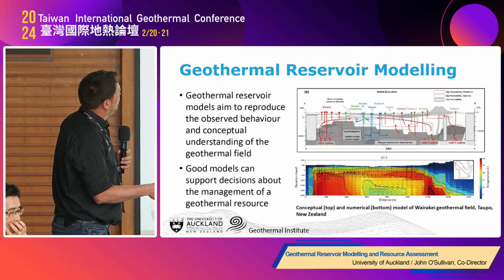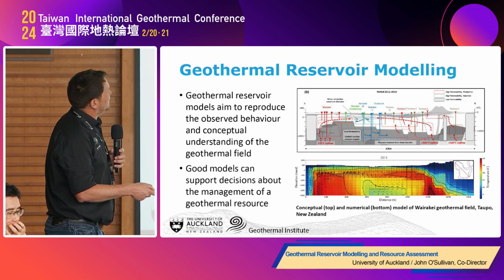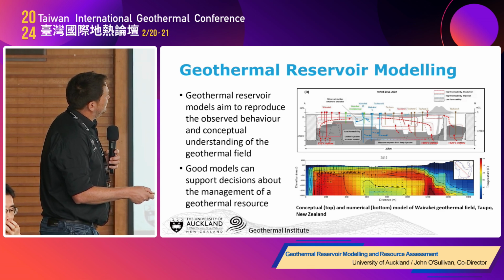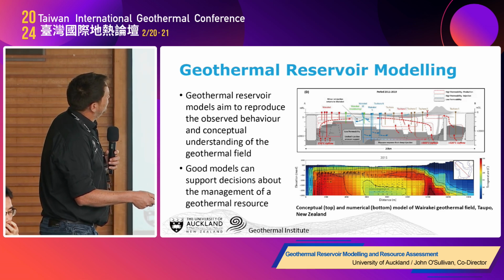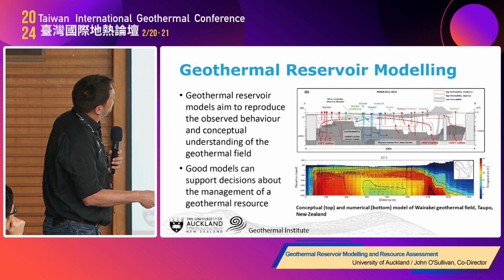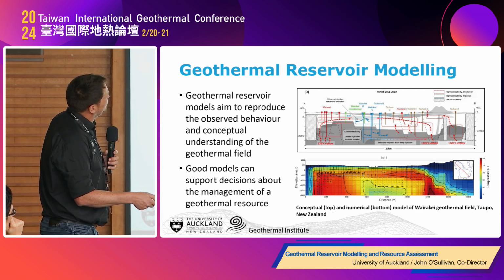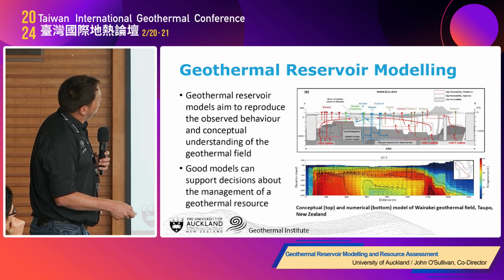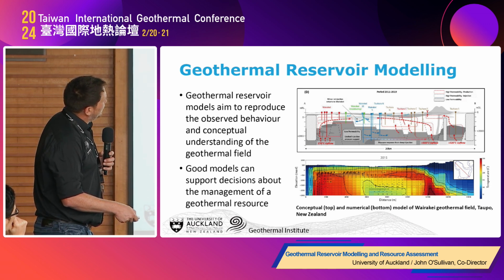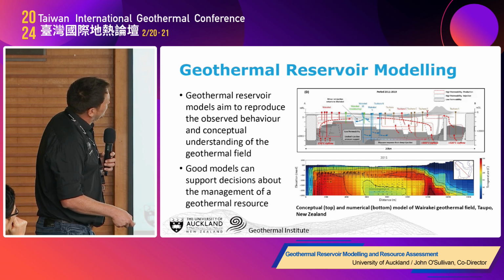This is an example of a conceptual understanding of the Waiariki Tauhara geothermal system, with upflows in red and downflows in blue. You can see the different topography of the basements and lithology. And then this is our numerical model with the temperature distribution and the flow arrows showing the upflows coming up.